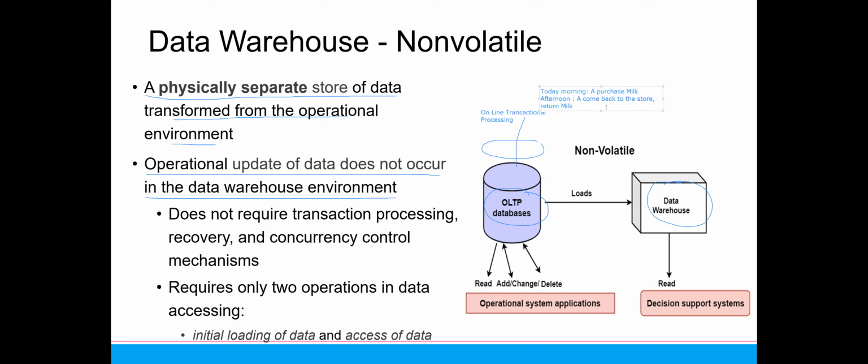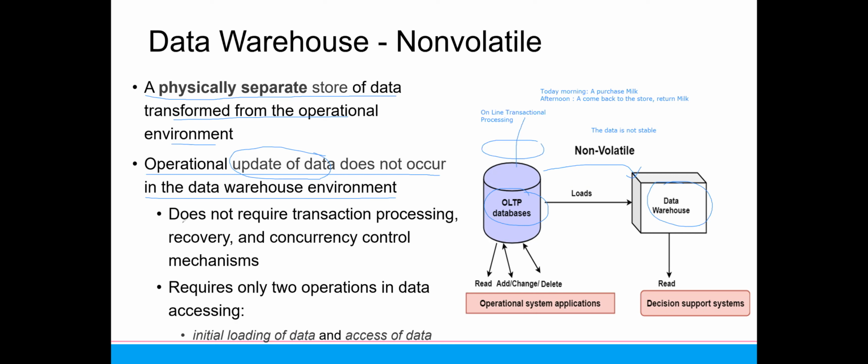It means in the transactional data you may have a lot of updates. If you have a lot of updates, it means the data is not stable. So we need to put the stable data, maybe after 90 days, into the data warehouse.